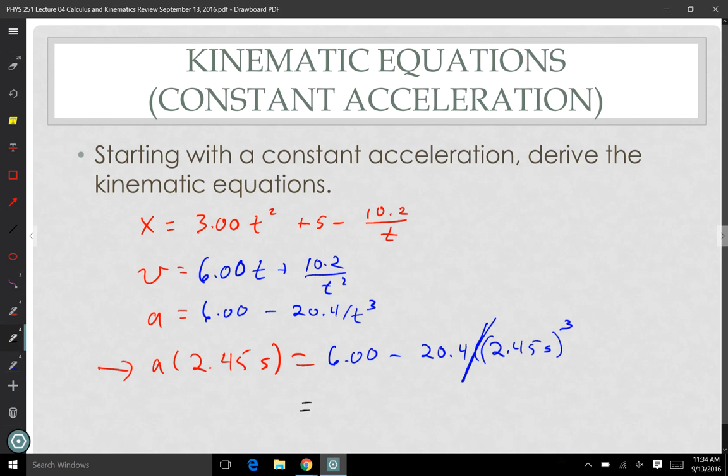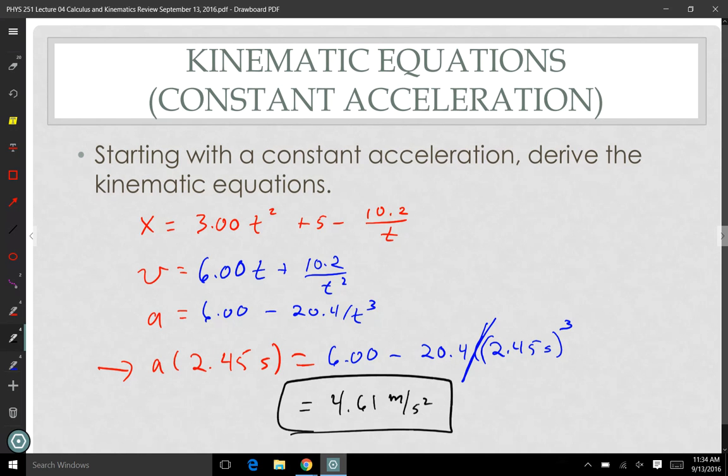What do you get, Aaron? 4.613. That's the total answer? Yeah. Okay. But that's not the answer. Of course, that would only be good to 3 significant digits, so I'll take off the last one there. And since I didn't have units with my numbers, I didn't put the units in, but it should be meters per second squared if it's an acceleration.